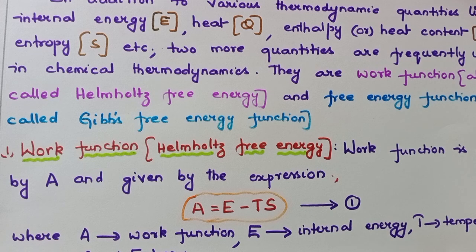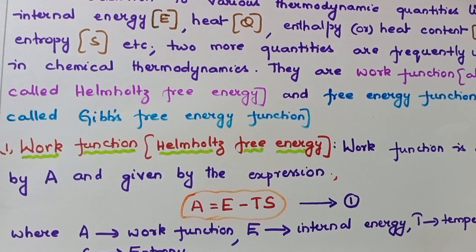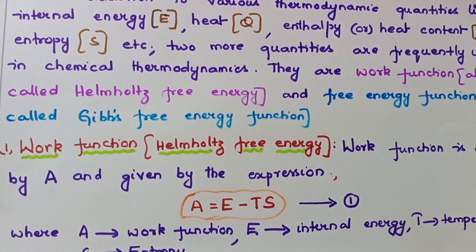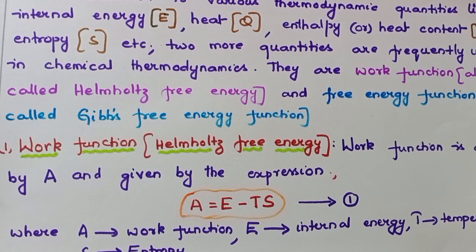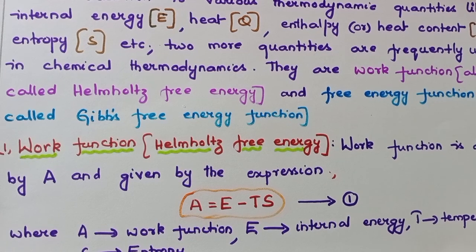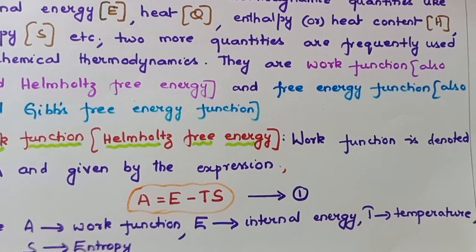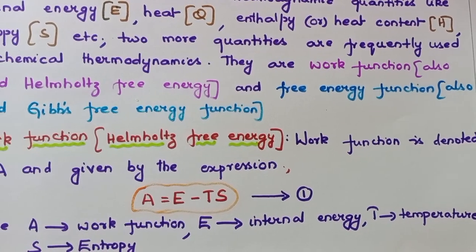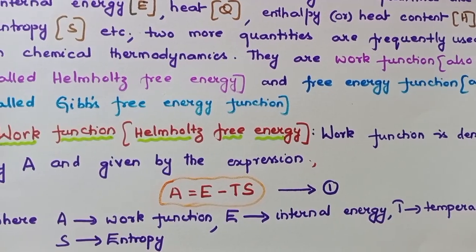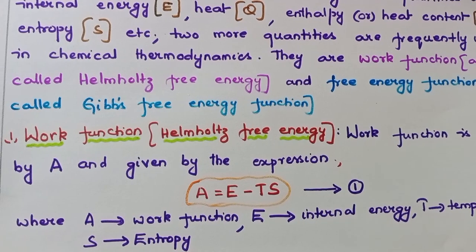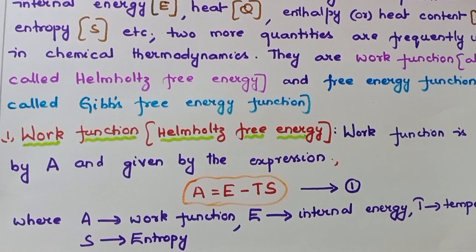Now tell me, what is A? Yes, it is the work function. What is E? This we have already seen in the previous classes: internal energy. T, you all know, is temperature. And also you know S is entropy, which we have learned in the recent classes.